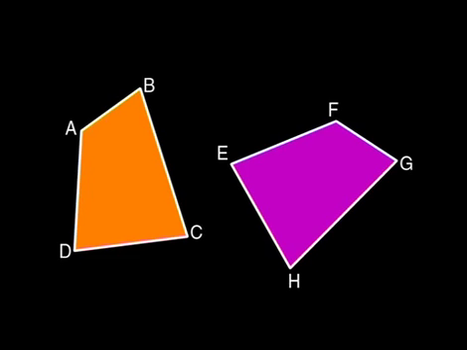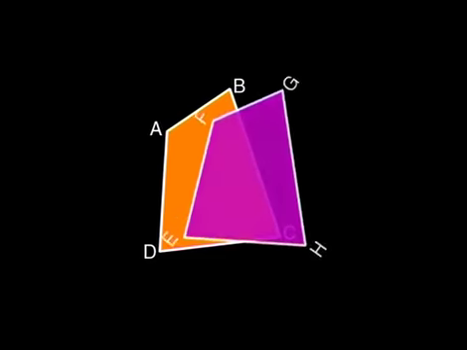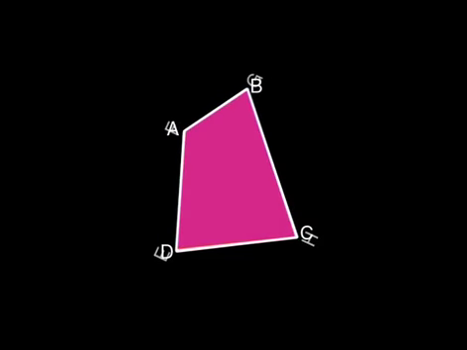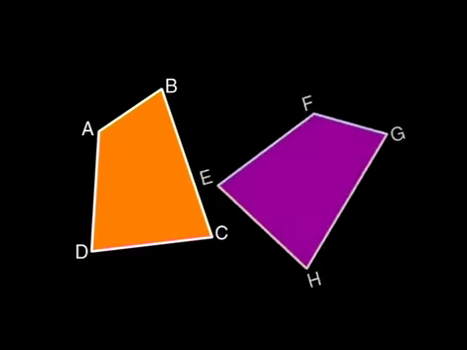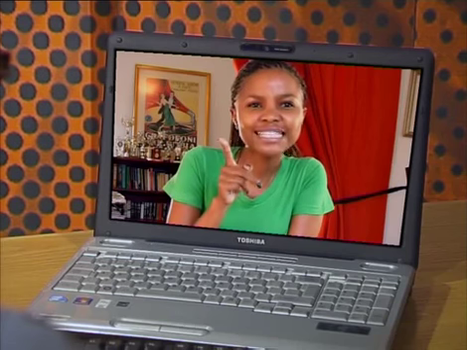I'm not really sure. All right, let me see if I can help you a bit here. I am going to move the second quadrilateral so that it sits on top of the first one. This should give you a better idea of which angle in the first quadrilateral corresponds to which angle in the second quadrilateral. I think I see it now.